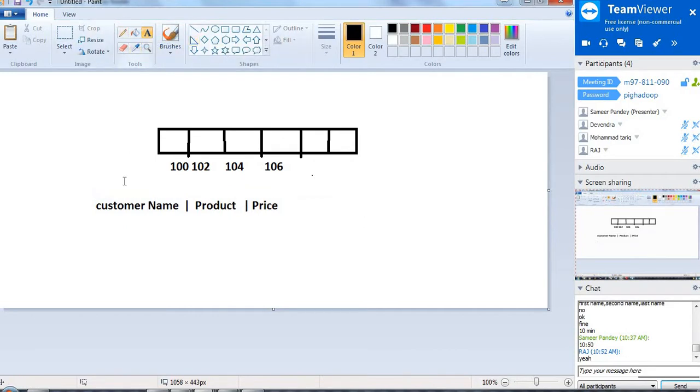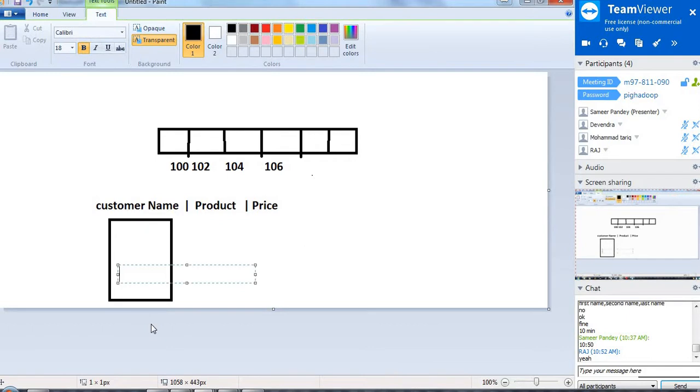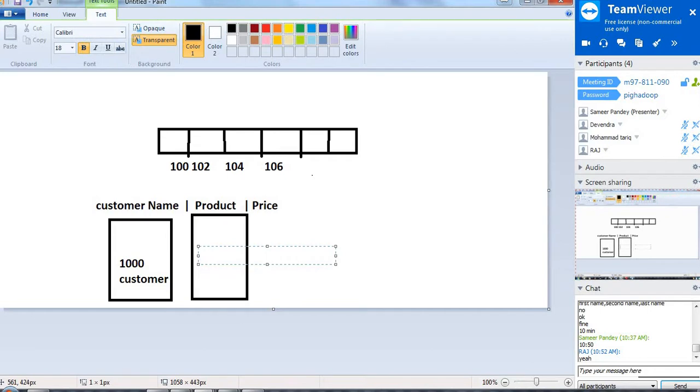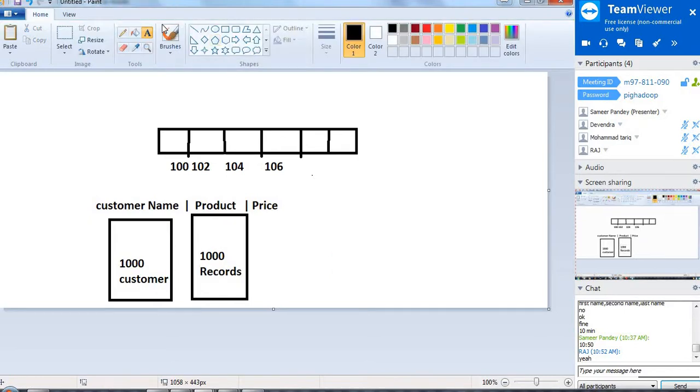Now, can I say that we have 1,000 records, 1,000 customers? Second, the same, I will say 1,000 product records also. Third, price, 1,000 prices.